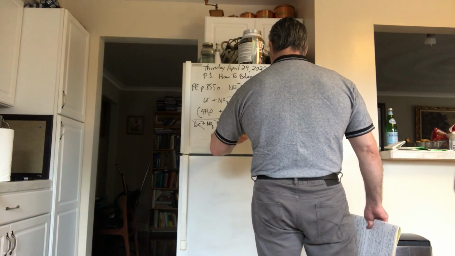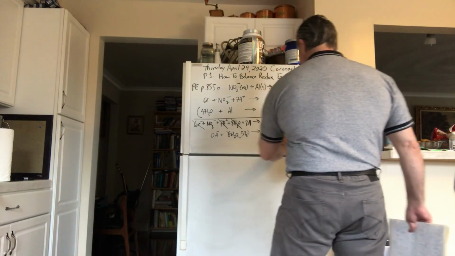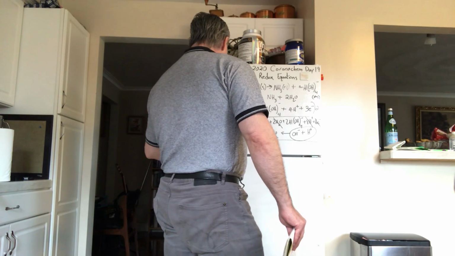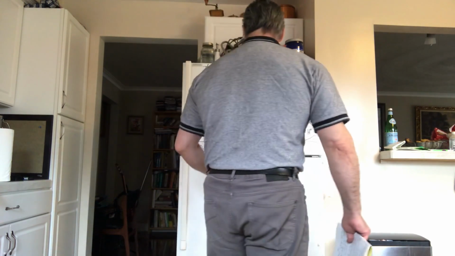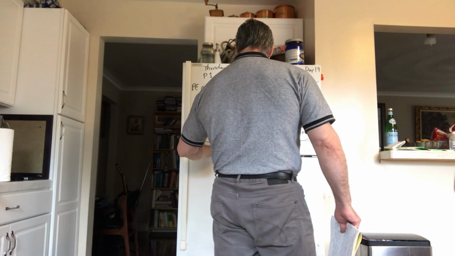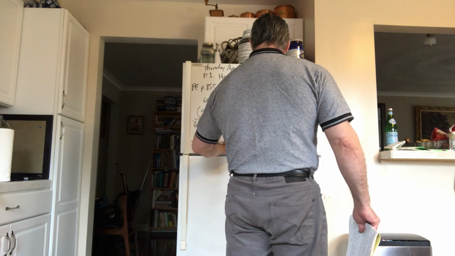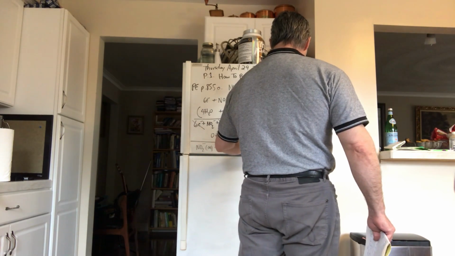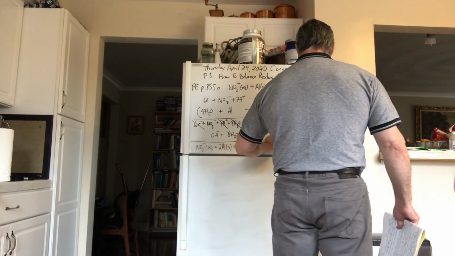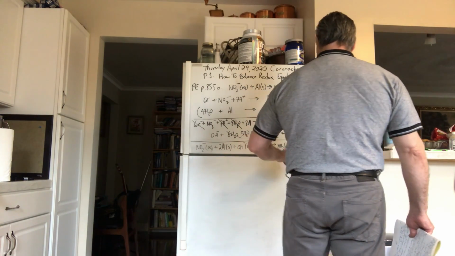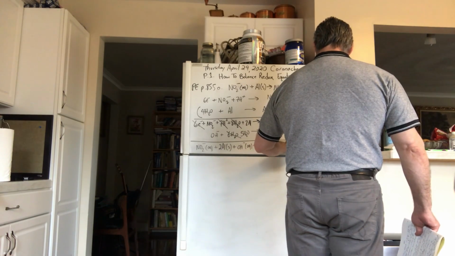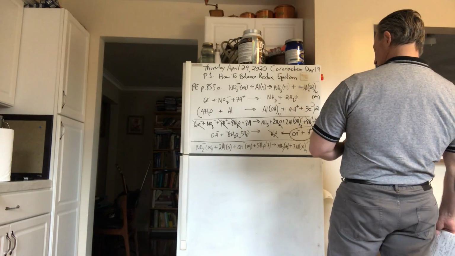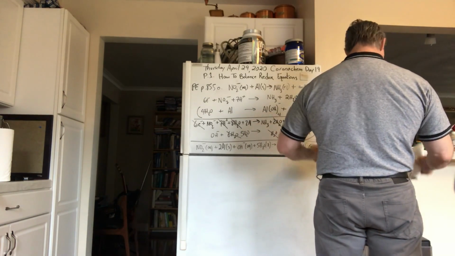Now we can rewrite the equation with everything correctly balanced. So the net equation is, and also show your states, nitrite anion aqueous plus 2 aluminum solid plus OH minus aqueous plus 5 H2O liquid yields ammonia NH3 aqueous plus 2 aluminum hydroxides with a minus 1, and that would be aqueous.